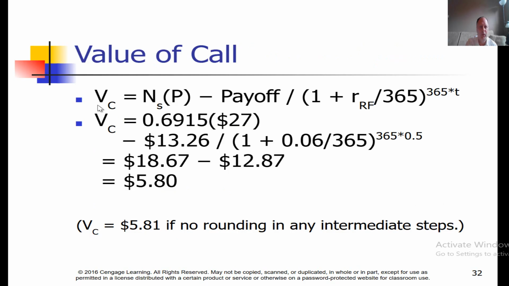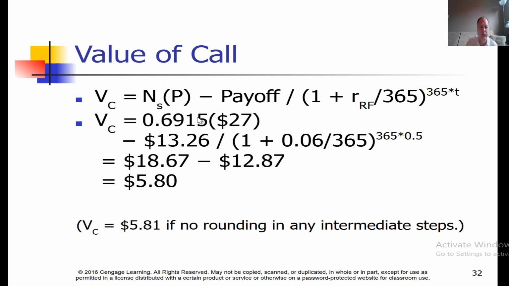In our example, this would be N S, which is 0.6915 times the initial price of the stock, which is 27, minus the payoff of 13.26, divided by 1 plus the risk-free rate, divided by the number of days per year to get us the risk-free rate per day, then to the power of the number of days, which is 365 times 0.5, since it is a 6-month option.